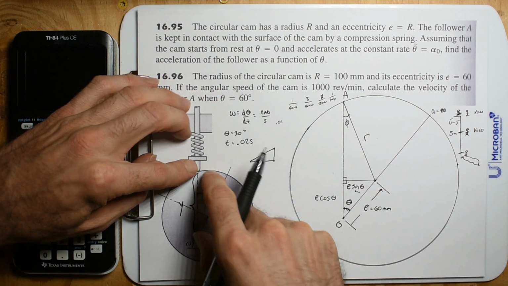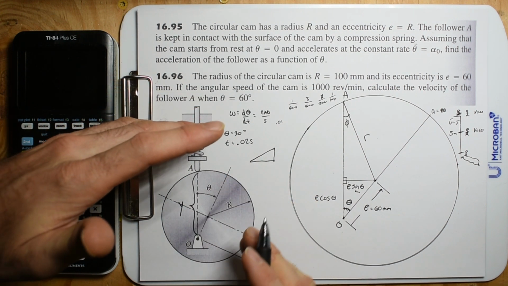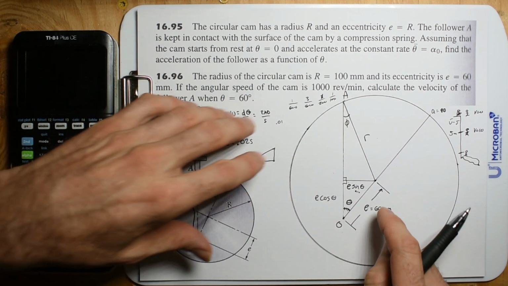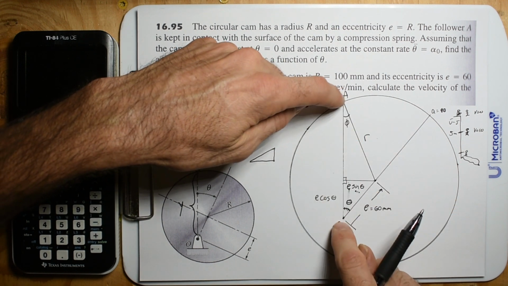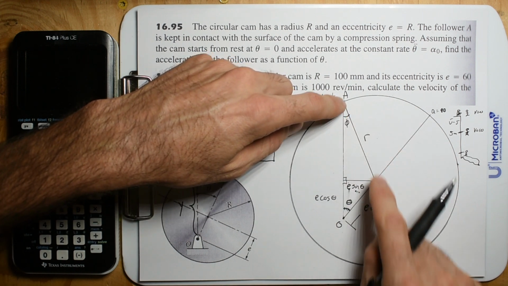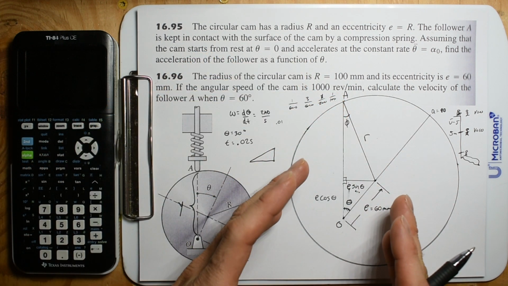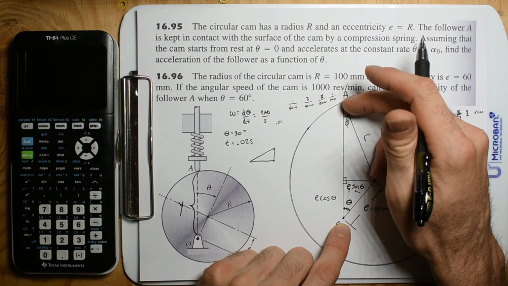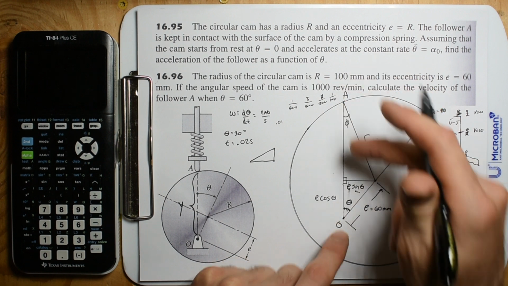And when the angle is 0, we're just going to have E plus R. But when this thing starts to spin, we don't know this. This dimension changes. It's going to get less. It's not just E plus R. So with the differential equations, we're basically just trying to get this length for any theta.